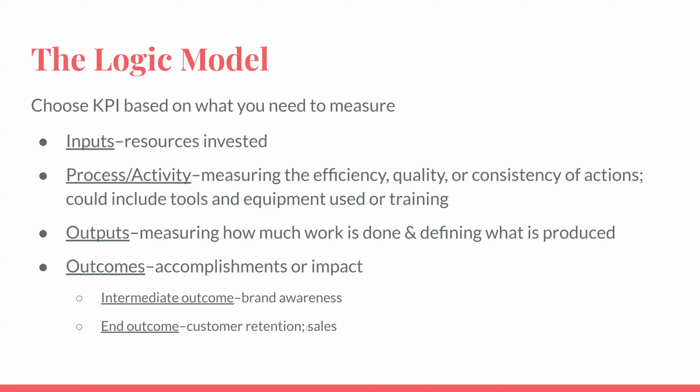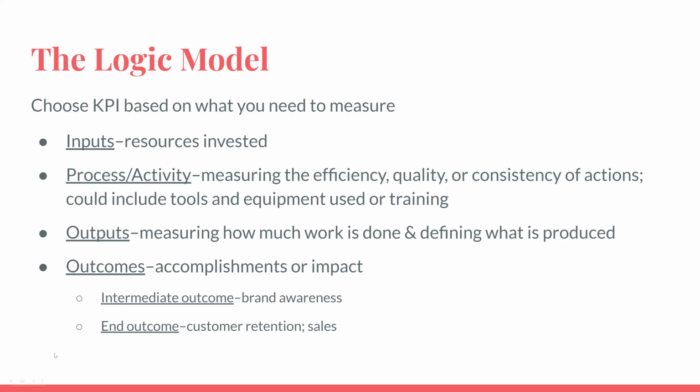So if we're looking at our outcomes, here are some examples. An intermediate outcome, whenever we're talking about a marketing campaign, could be brand awareness. So in the meantime, people become more aware of our product or service because of these ads or because of our press releases and audience engagement.